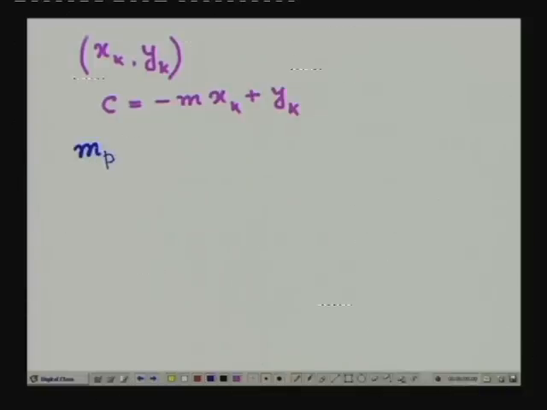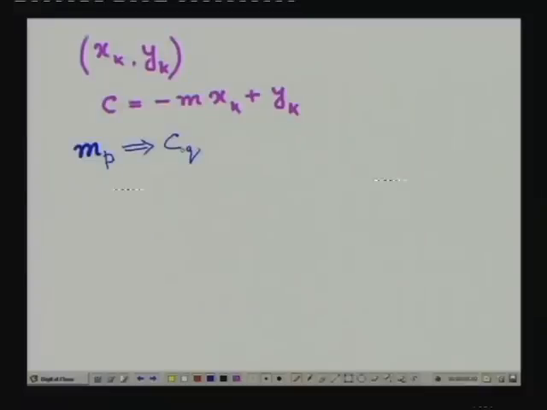When I put this m p in this equation, suppose the corresponding value of c I get after solving this equation is say c q. And you remember that we have initialized our accumulator cells to all the cells having a value of 0.